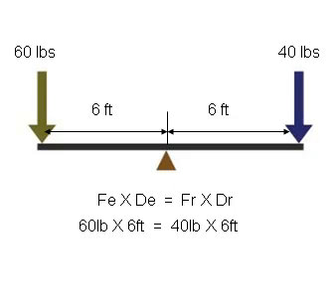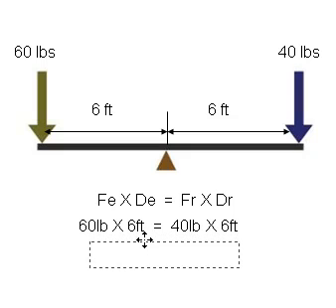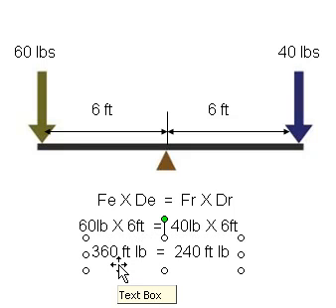If you multiply that out, you get on one side of the equation 360 foot-pounds, and on the other side 240 foot-pounds. So the difference there is 120 foot-pounds, or you could say 20 pounds for every foot of length difference.